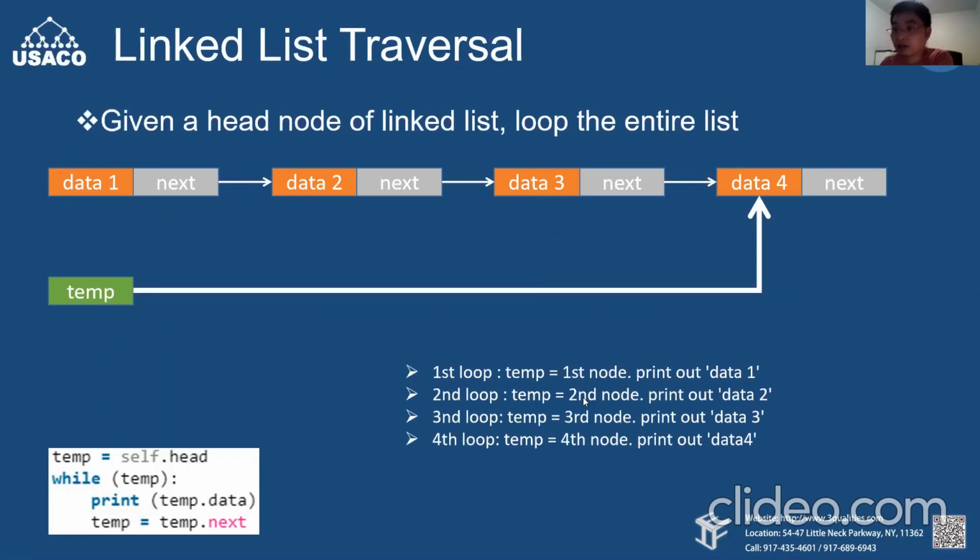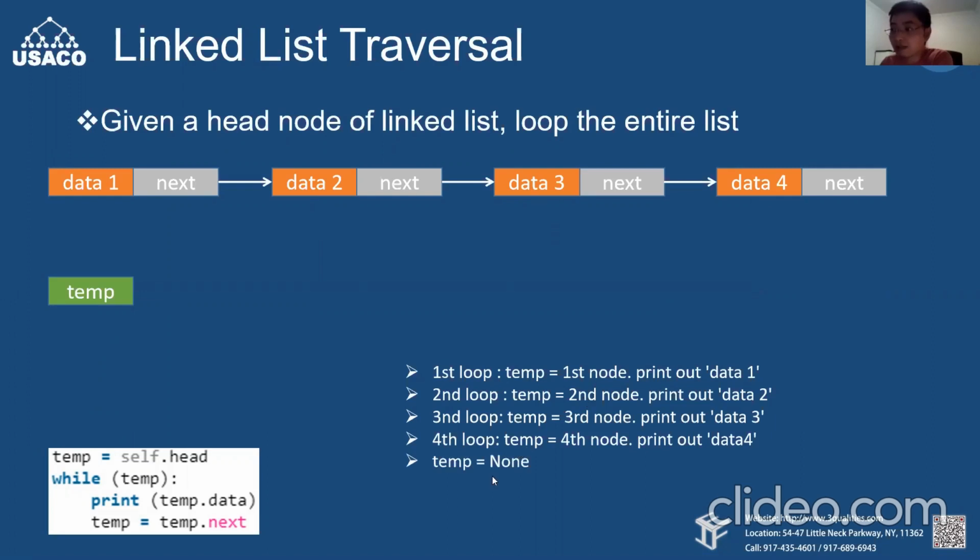After that, it's going to update to the next of node 4. What's the next of node 4? None. And when temp is none, while none is false. So it will not print and update again. That's the end of the whole loop.